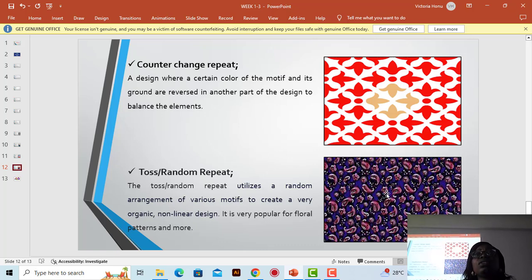So he wants only the motifs to come out. So it's the same thing that happens to the toss and random repeat. The lines were there when the designs were constructed, but the lines were not meant to be part of the design. So by the time the designer had finished designing this, they had vanished into the design.